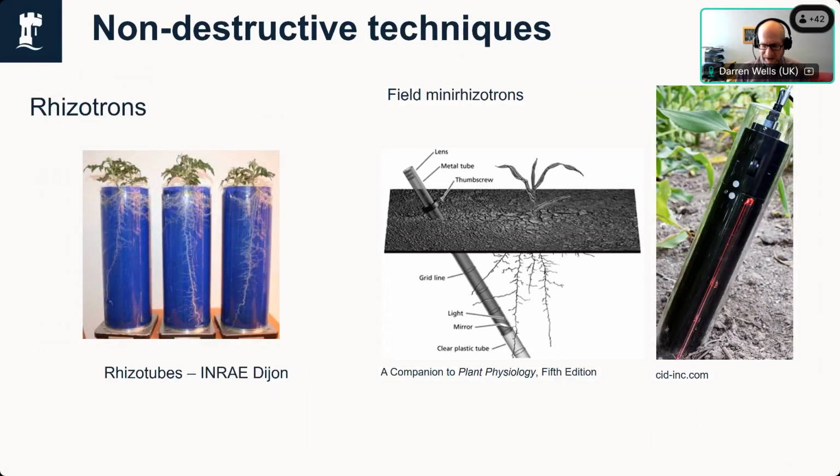These have the advantage that you can put in multiple tubes but only have one scanner system, so you just walk it around your various tubes. The disadvantage is, again, like the soil cores, you're then extrapolating those roots that intercept your imaging tube to what's going on in the bulk soil, and it may or may not be a good system. But they are in soil and they're not disturbing the roots around it that much.